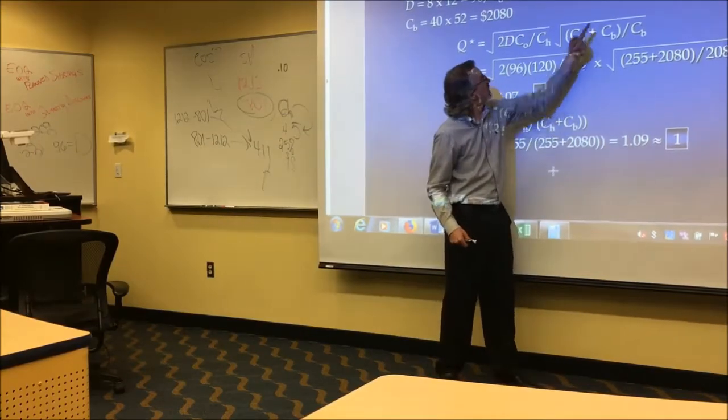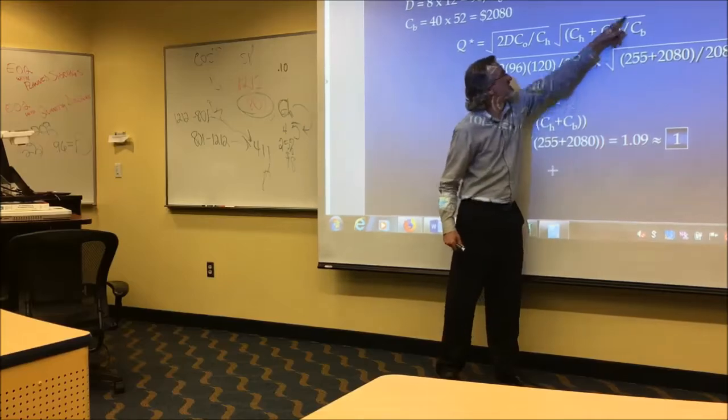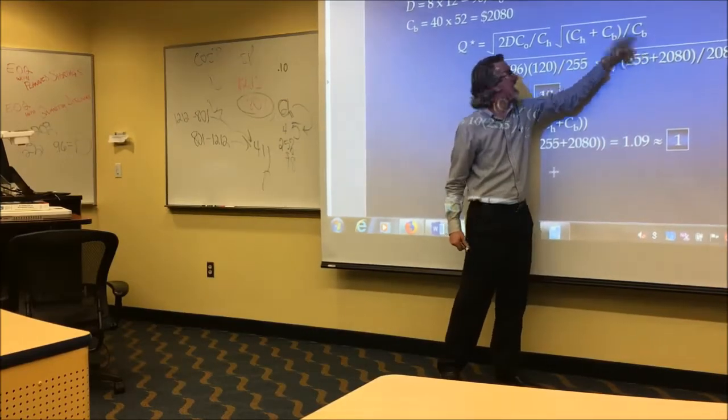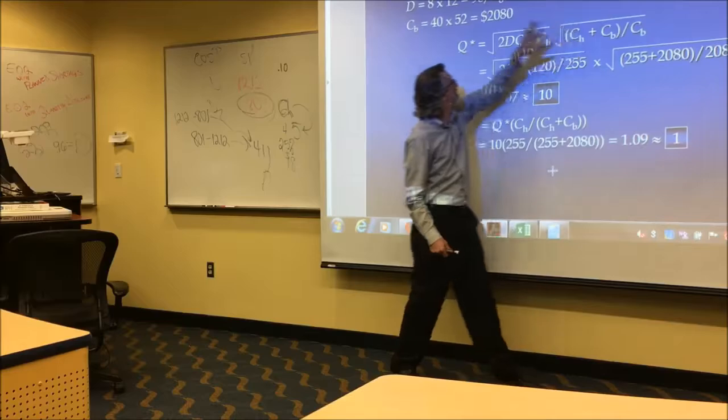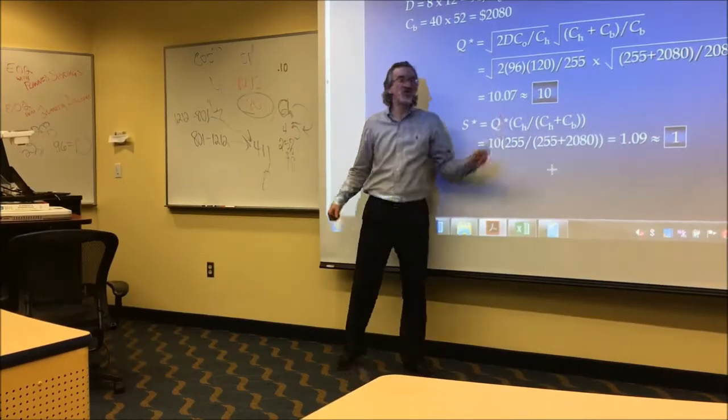Next one, holding cost 255 plus back order cost 2,080. Add those, divide by back order cost 2,080, square rooted. Take that number times that number, and we get 10.07.